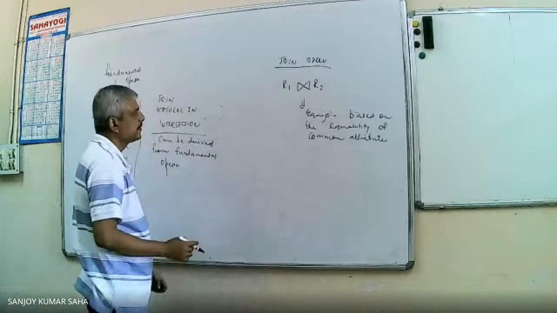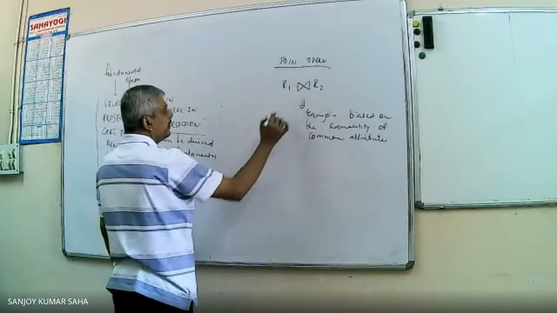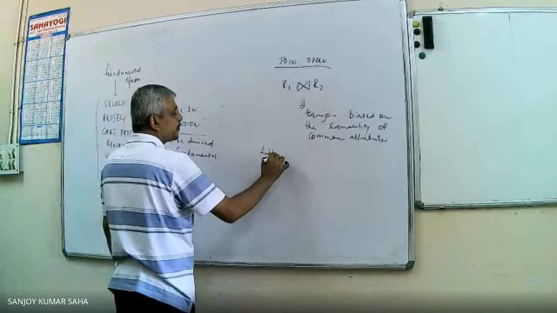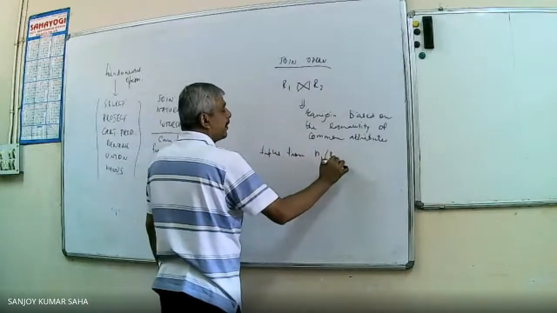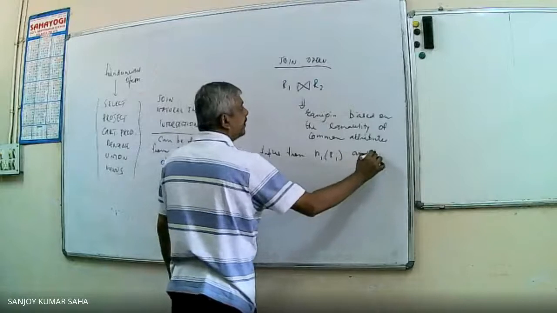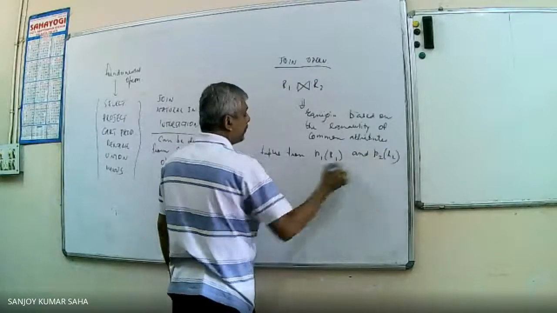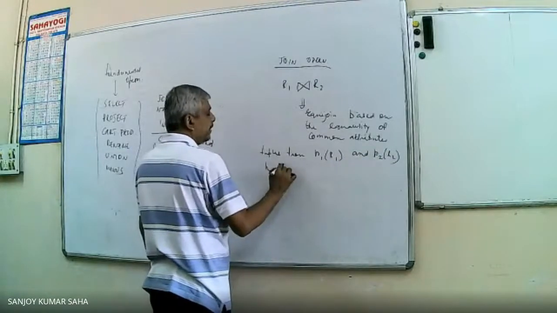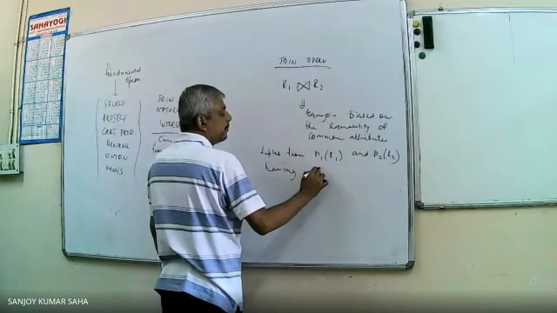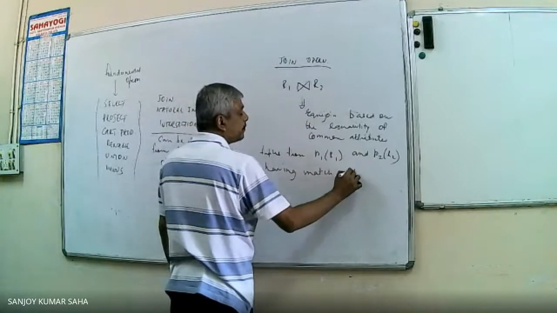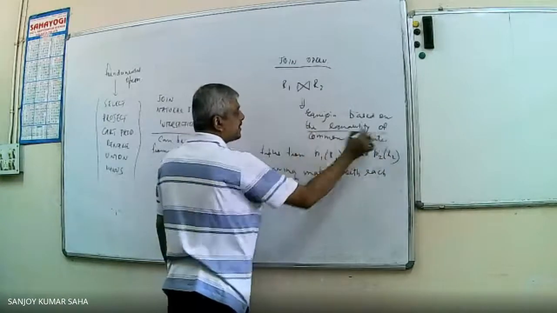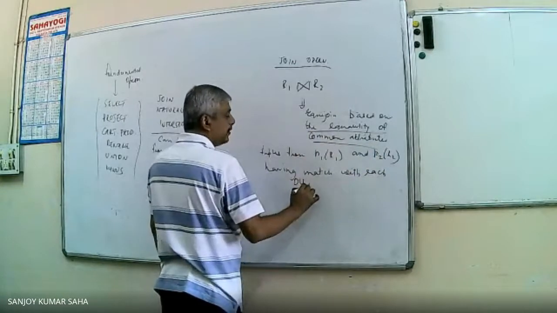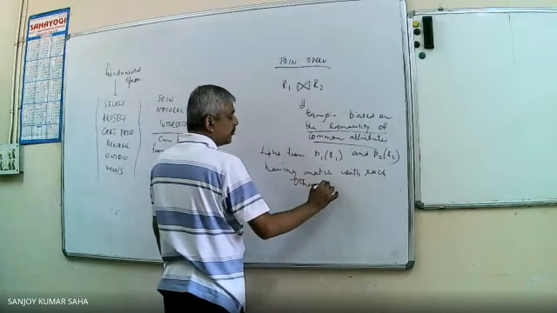Now in this case, see, tuples from R1 and R2 having a match with each other will appear. Basically, the matching criterion is this. Matching with each other will appear.